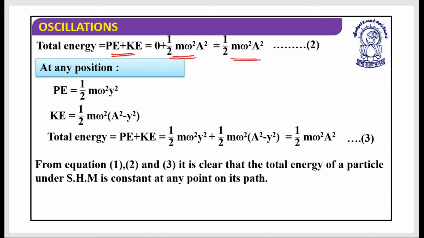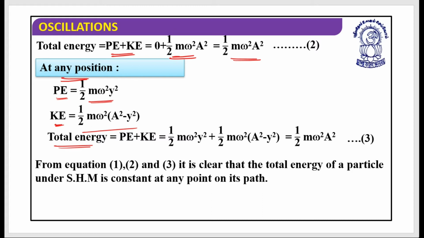One more thing, and very interesting: let's find the total energy at any position. Let's have a look. The potential energy at any position is half m omega square y square. The kinetic energy at any position is half m omega square into bracket a square minus y square.